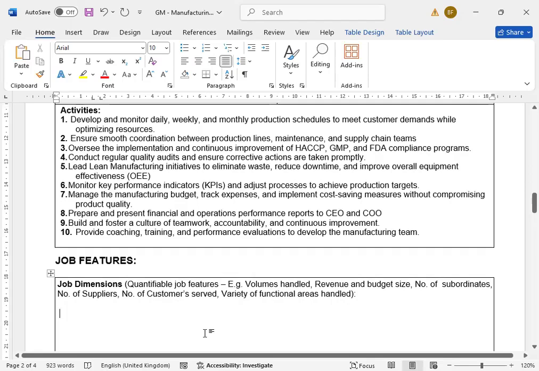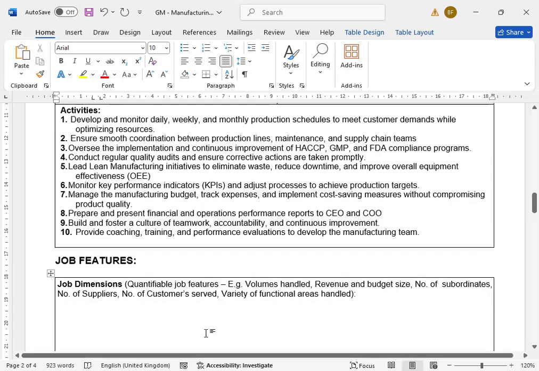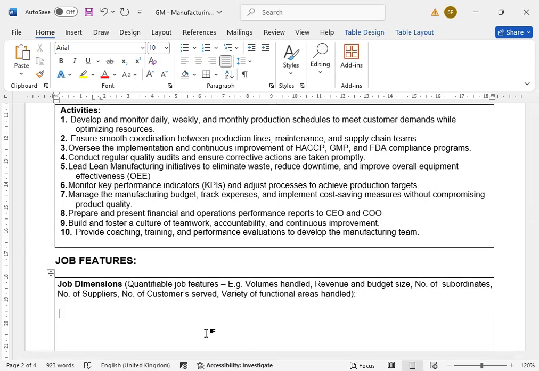Now, for the job dimension, this is under job features. Job dimension is about quantifiable job features, like, for example, volumes handled, revenue and budget size, number of subordinates, number of suppliers, number of customers served, variety of functional areas handled. The job dimension of the role is very important in getting a higher grade and higher compensation.